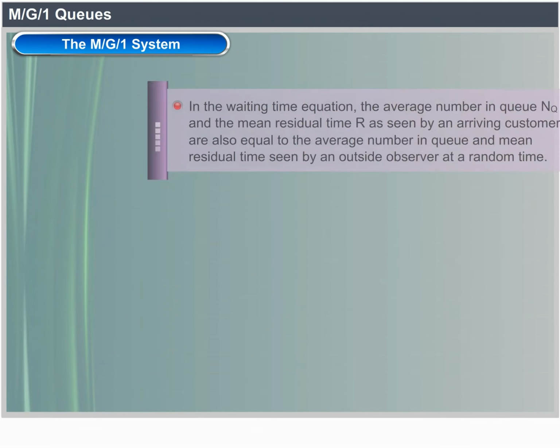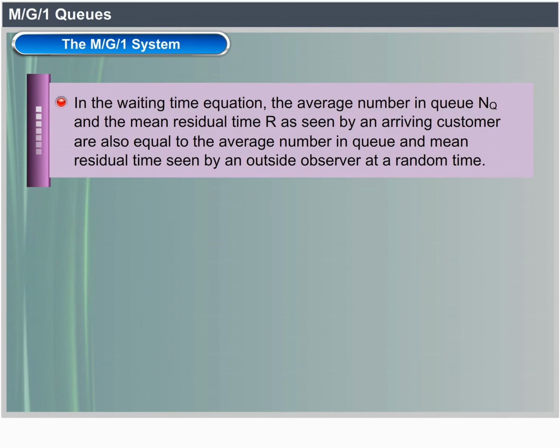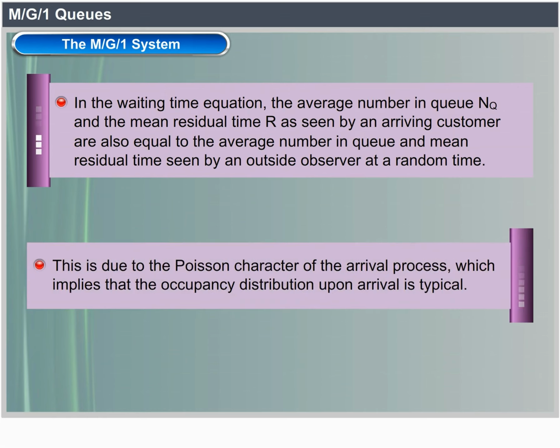In the waiting time equation, the average number in queue NQ and the mean residual time R, as seen by an arriving customer, are also equal to the average number in queue and mean residual time seen by an outside observer at a random time. This is due to the Poisson character of the arrival process, which implies that the occupancy distribution upon arrival is typical.